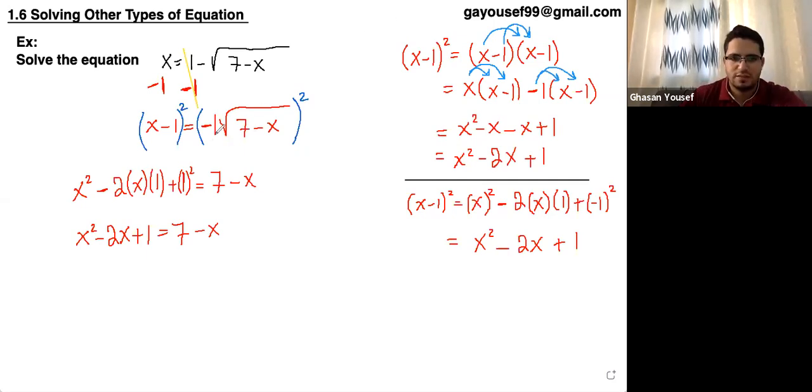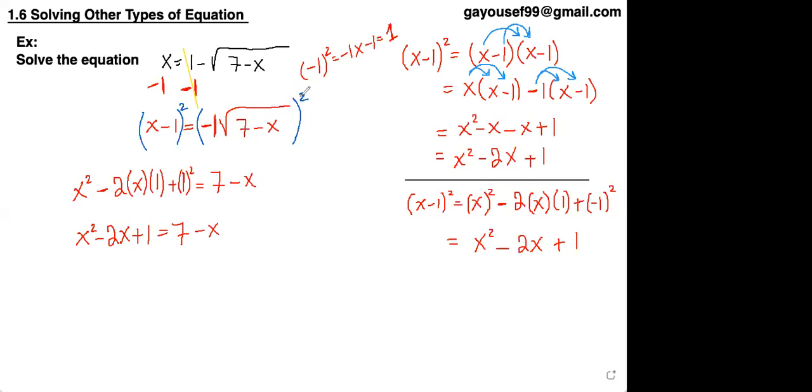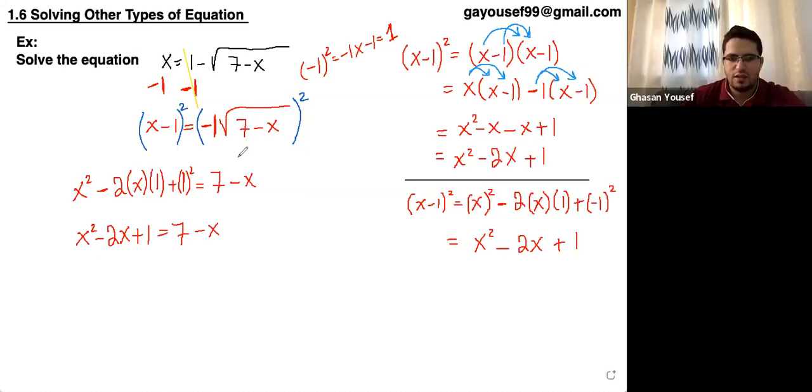The minus here means minus 1, so I distribute the exponent 2 to it, because (-1) squared equals -1 times -1, which is positive 1. And I distribute the 2 to the radical: I cancel the radical with the exponent, and I get 7 minus x inside. Make sense? Clear? Yeah, it's clear. Okay.